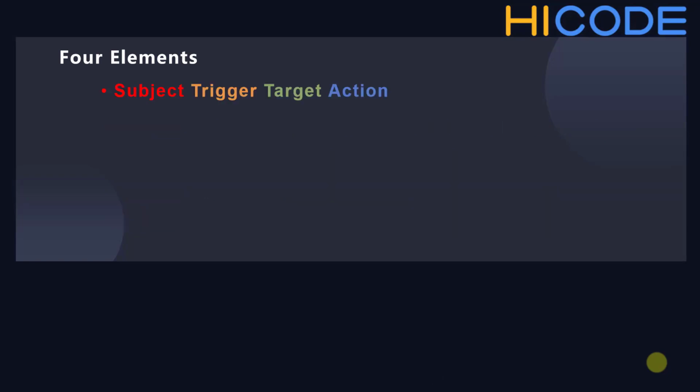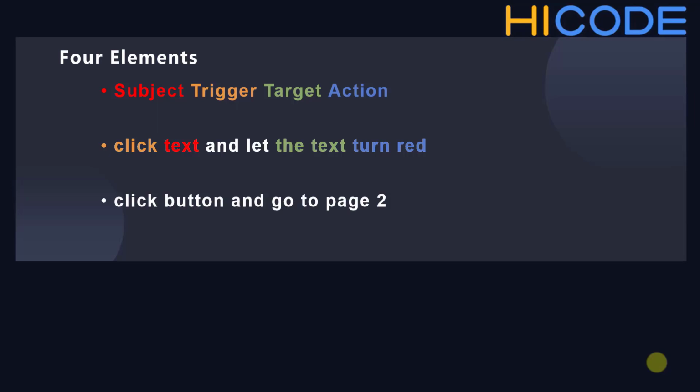So again, we have subject, trigger, target, and action. Take this line as an example. Click text and let the text turn red. You can see by the colors, click is the trigger and text is the subject because it receives the trigger. And the target is the text. And what the text is supposed to do is to turn red. And next example, click button and go to page 2.